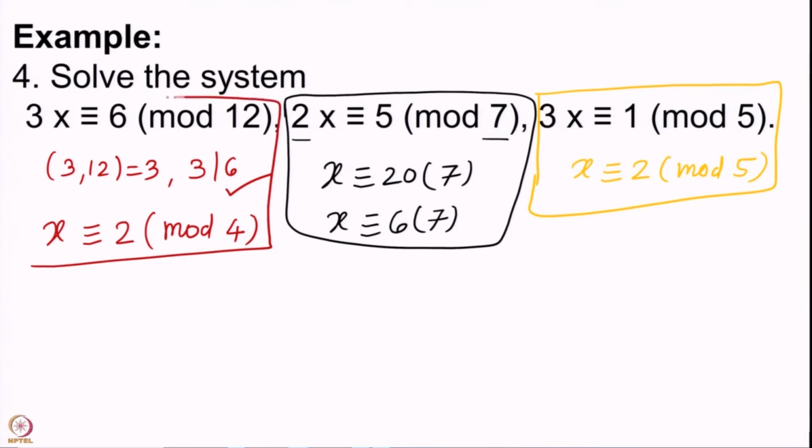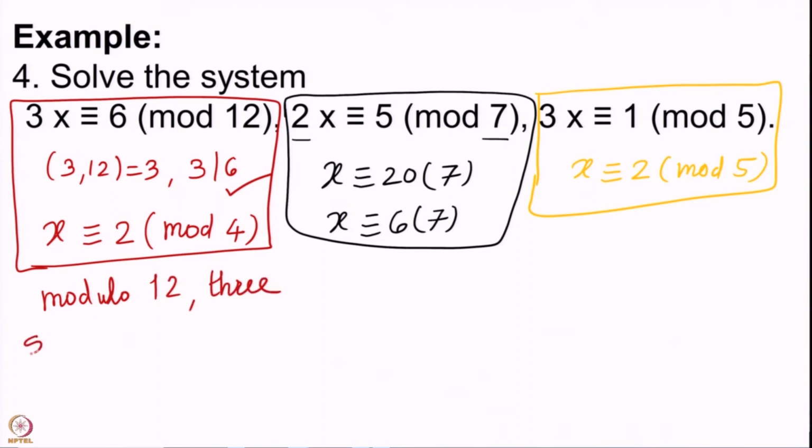This is the system that is consistent with this system. So, modulo 12 we are going to get 3 solutions. Namely 2, 6 and 10.